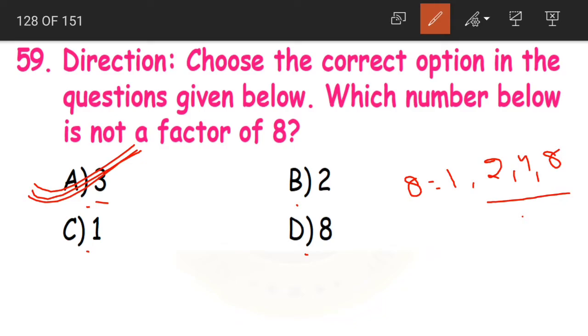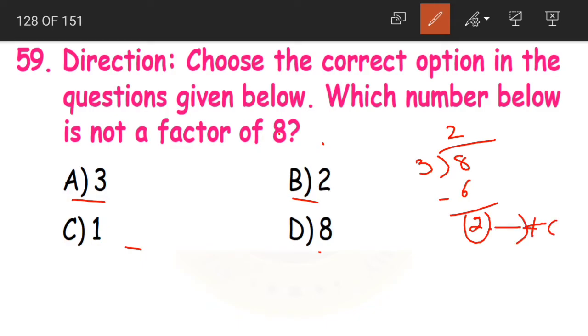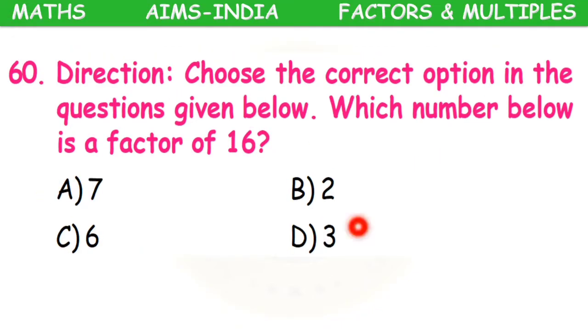Okay. Now another way to find out is to take each of the numbers and then divide 8 by that number. We have 3 2s are 6. When we subtract, 2 is our remainder. So here the remainder is not equal to 0. So 3 is not a factor of 8. Okay children. Next question.